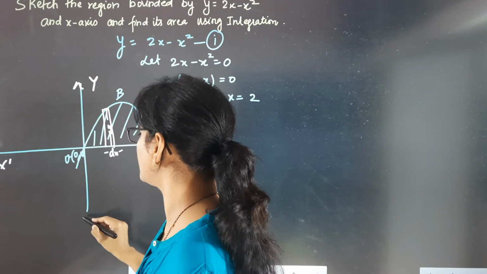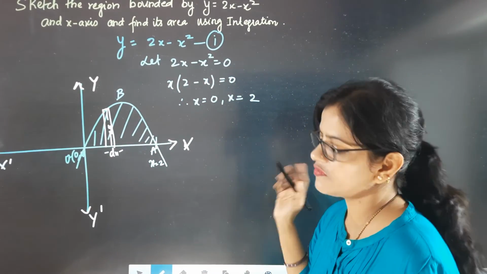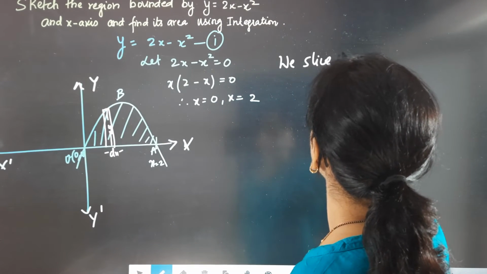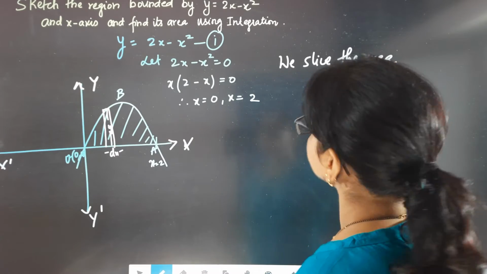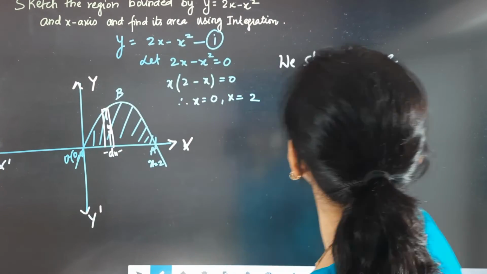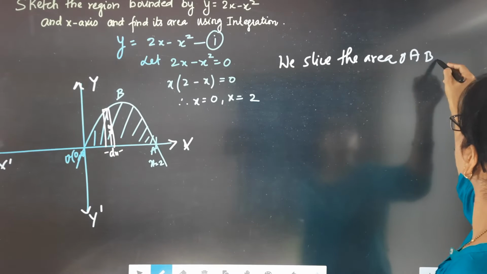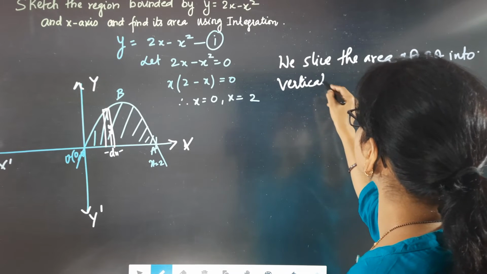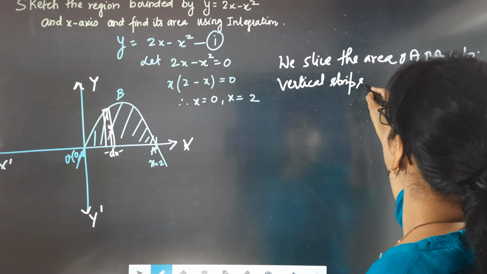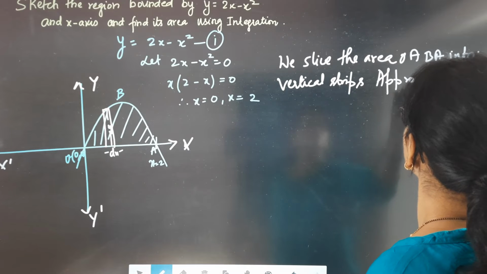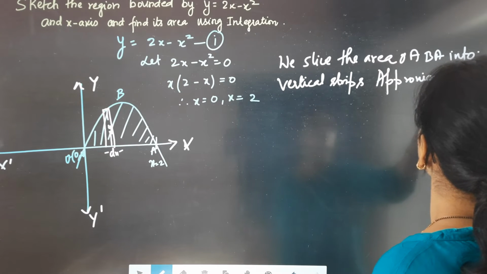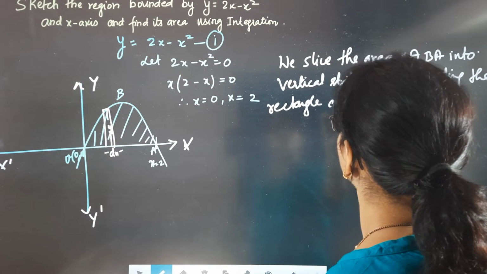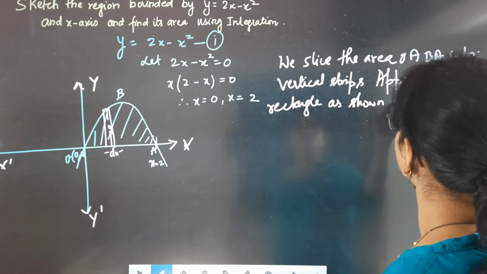We slice the area OAB into vertical strips approximating the rectangle as shown in the figure.